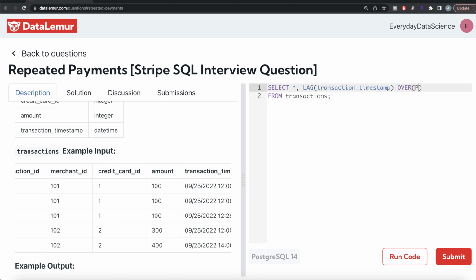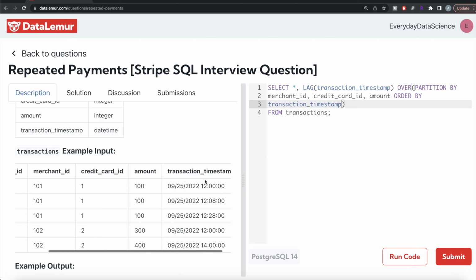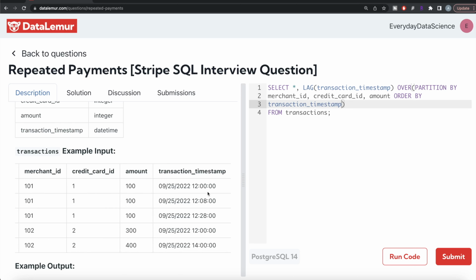So we can write partition by merchant ID, then credit card ID and amount, and order by the transaction timestamp in ascending order. So within the 10 minutes thing, if you need to get the transaction time, that is why we are ordering by transaction timestamp in ascending order, right?